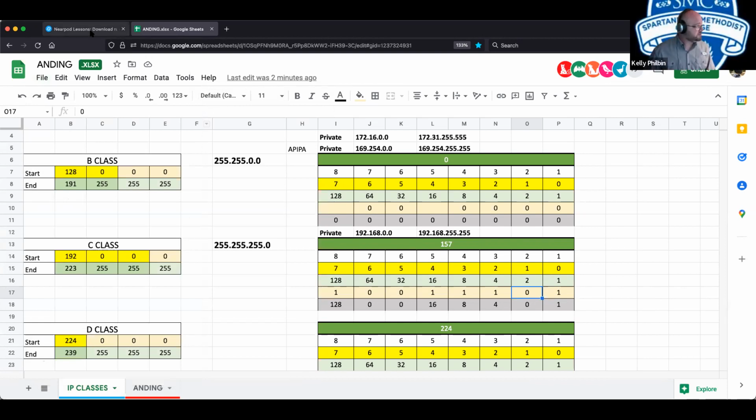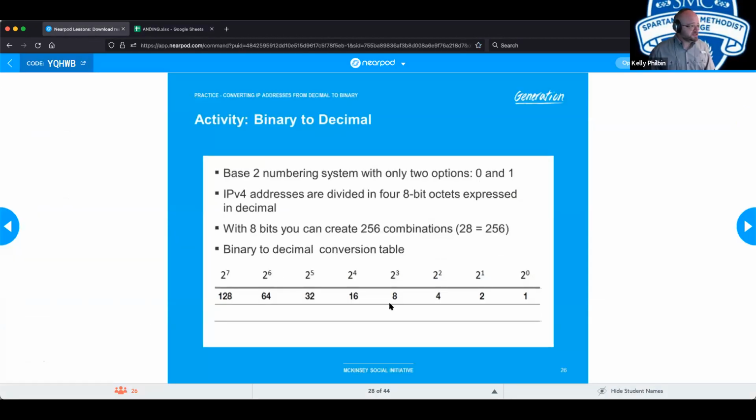All right. So this will let you play around with it. Remember, it's base 2, so 2 to the 0 gives you 1, then 2, 4, 8, 16, 32, 64, 128, 256, 512, 1024.